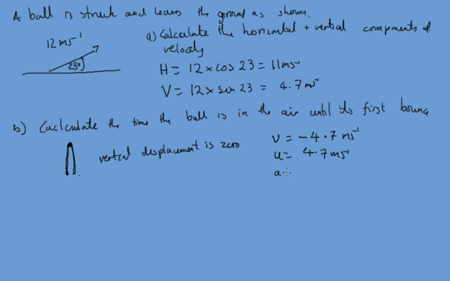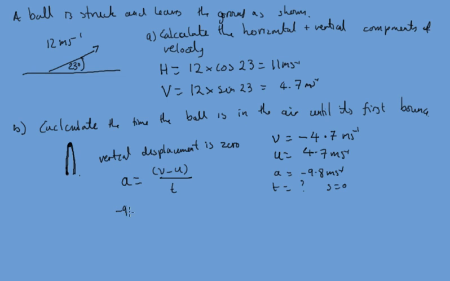The acceleration is going to be minus 9.8 meters per second squared. The time is what we don't know, and the displacement is 0. So we can use acceleration is v minus u over time.